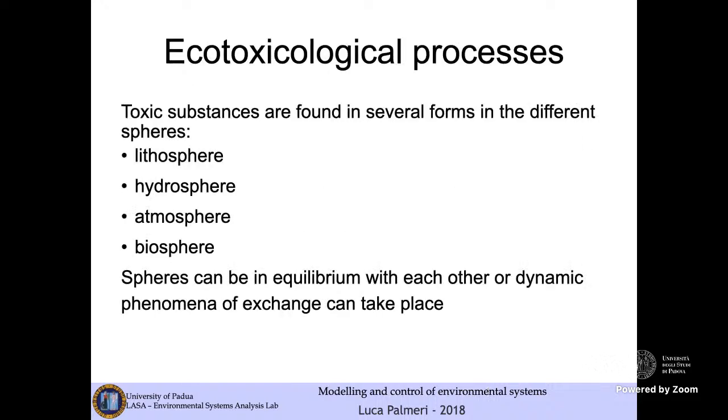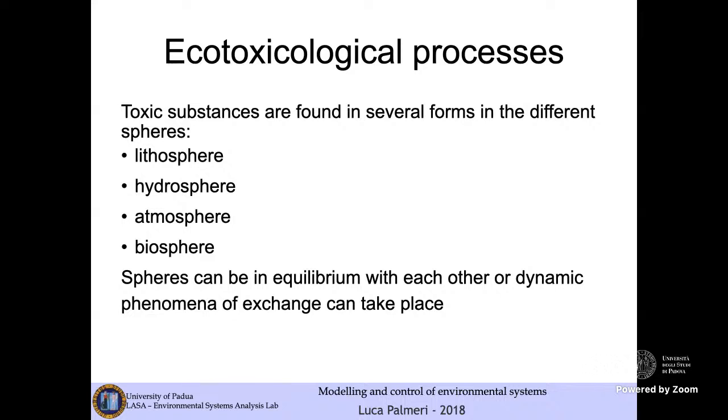How do we include ecotoxicological processes in our models of ecosystems? We have said last Monday that toxic substances are found in several forms in the different ecospheres.